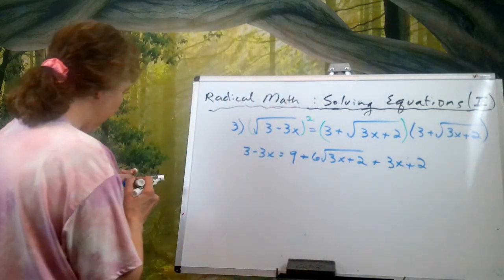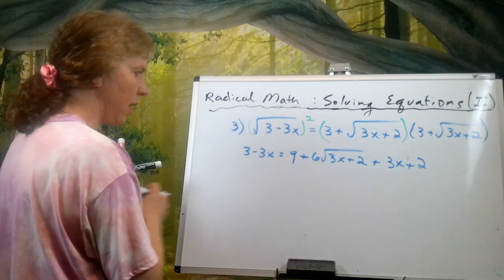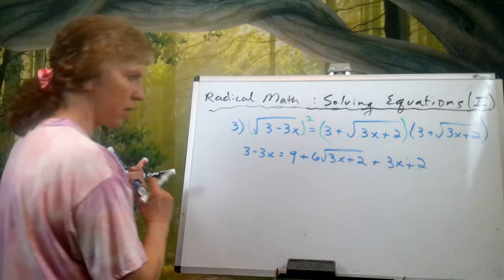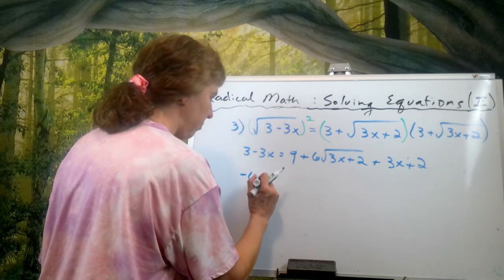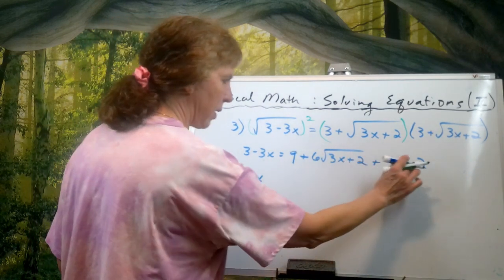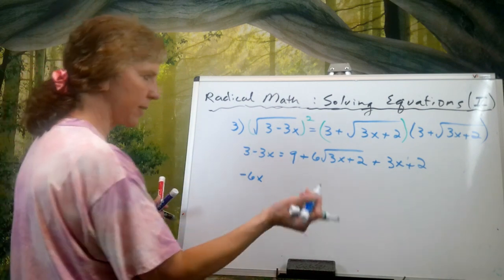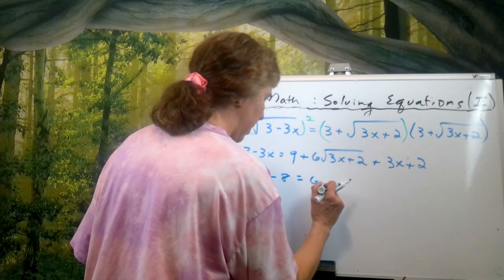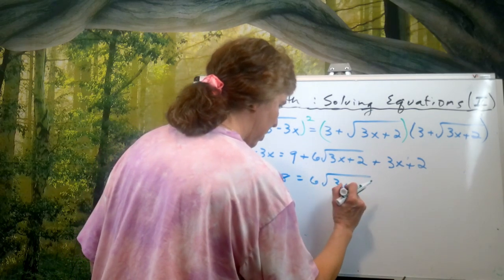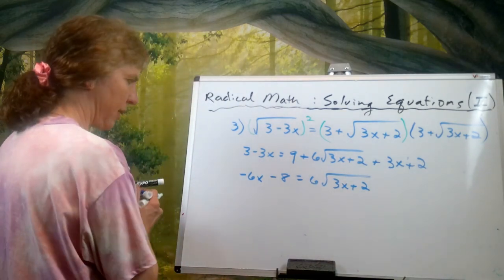Okay, and again, I'm going to get everybody over onto my left-hand side in this case. So I'm going to subtract the 3x off of both sides. That will give me negative 6x on this side. I have 9 plus 2 is 11, which I'm going to subtract, so 3 minus 11 is negative 8, and that's equal to the right-hand side still.